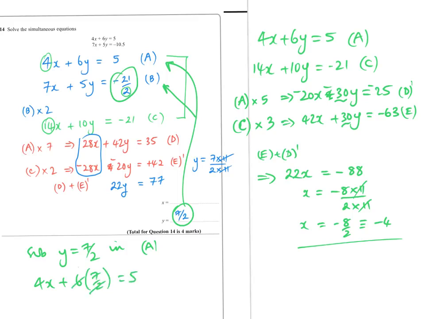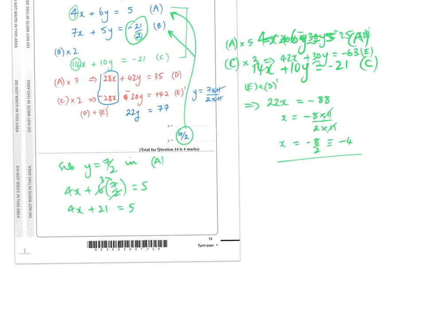This 2 and this 6 would cancel to give a 3, and 3 sevens are 21. So 4x plus 21 is 5, which will then give you, down here, 4x would be minus 16, so x would be minus 16 over 4, which again is minus 4.